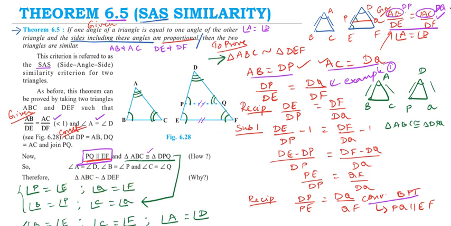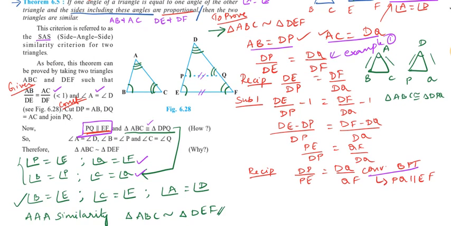So that is what we have written here. So finally we are able to prove that angle B is equal to angle E, angle C is equal to angle F, angle A is equal to angle D is given. So through the AAA similarity, we are able to say that the two triangles are similar.